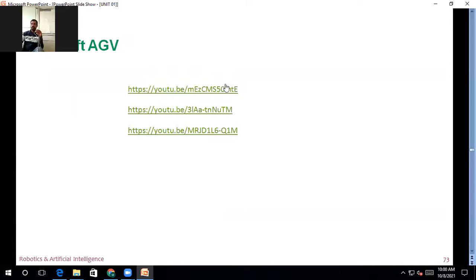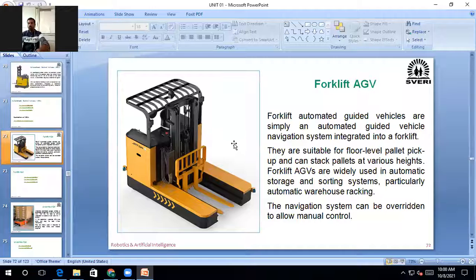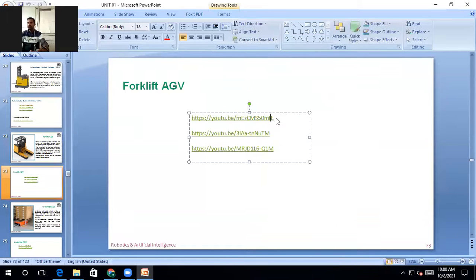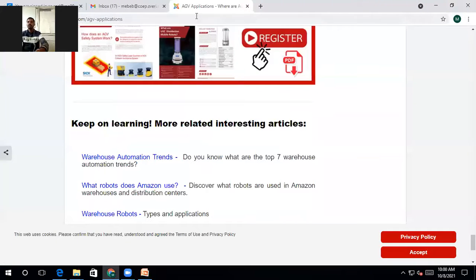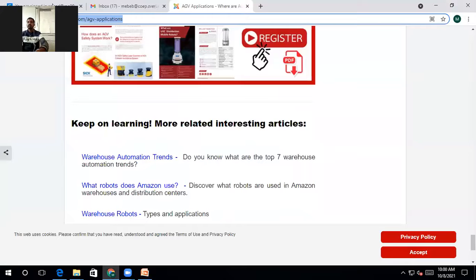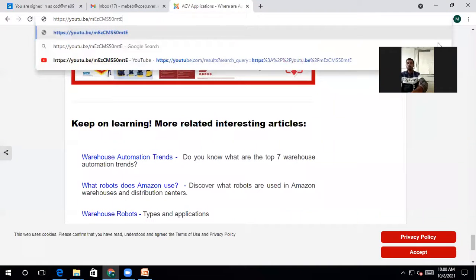Now I will show you one or two videos related to the forklift. Simply, you can remember this one. Forklift is nothing but one device used to carry the load and move the load up and down from the machines.